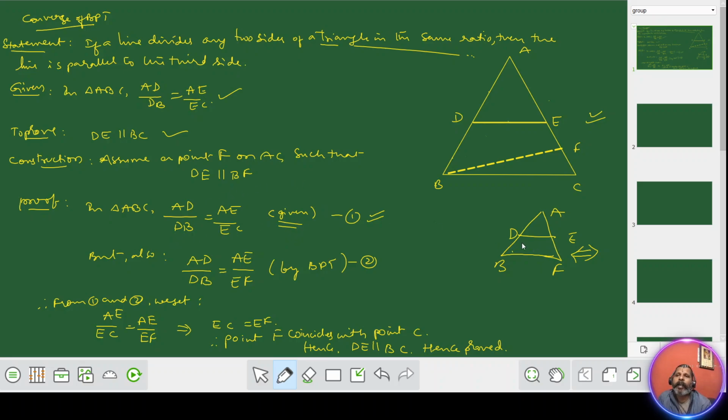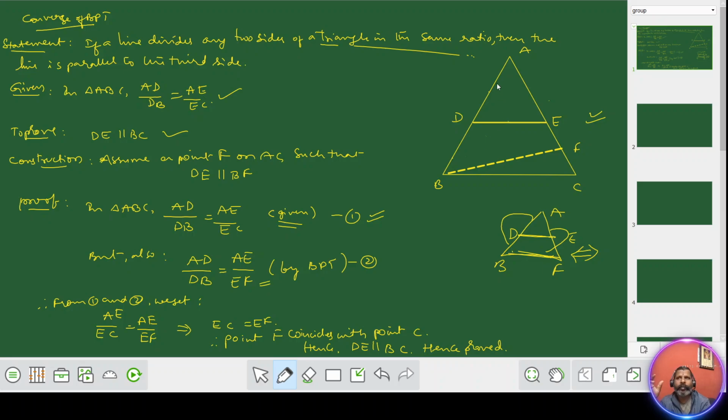But from the construction, what we assumed is DE parallel to BF, right? So BPT we can apply. If a line is parallel to a side of a triangle, it divides the other two sides in the same ratio. That is the BPT. So we can say AD by DB equals AE by EF. Don't get confused with the two sets of ratios we have.